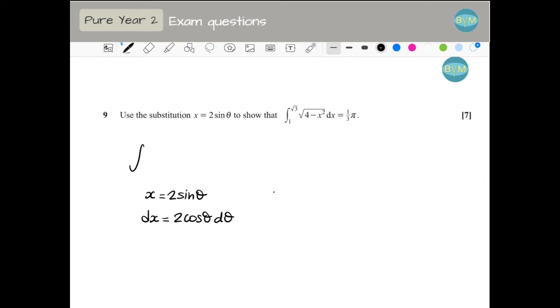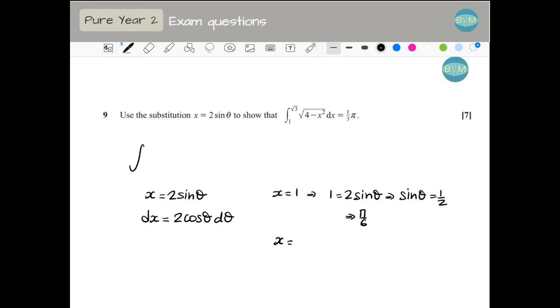So when x is 1, if I substitute here, I have 1 is 2 sine theta, which means sine theta is 1/2, and I'm working in radians. That means theta is pi over 6 radians.